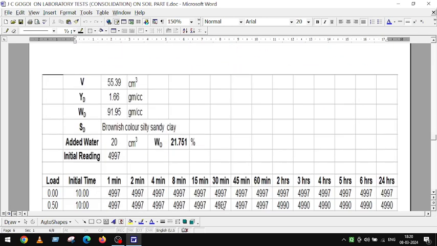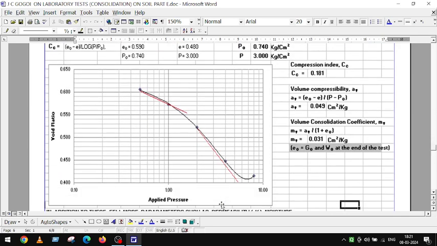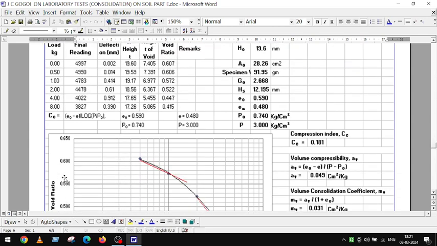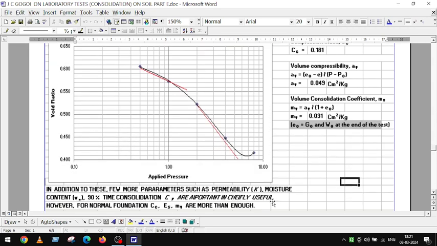This is the semi-log graph: 1, 10, like that, 0.1, 1, 10. So this is the semi-log graph. This is E, the void ratio, and this is P, log P.